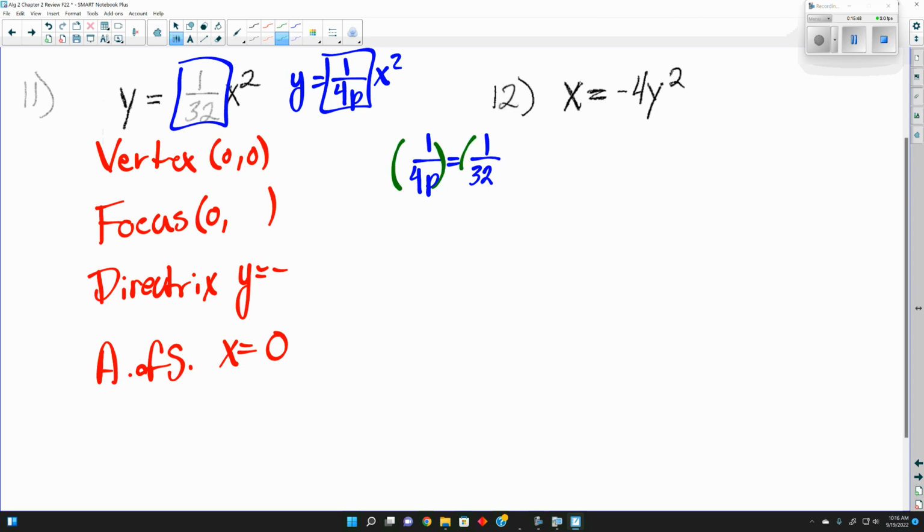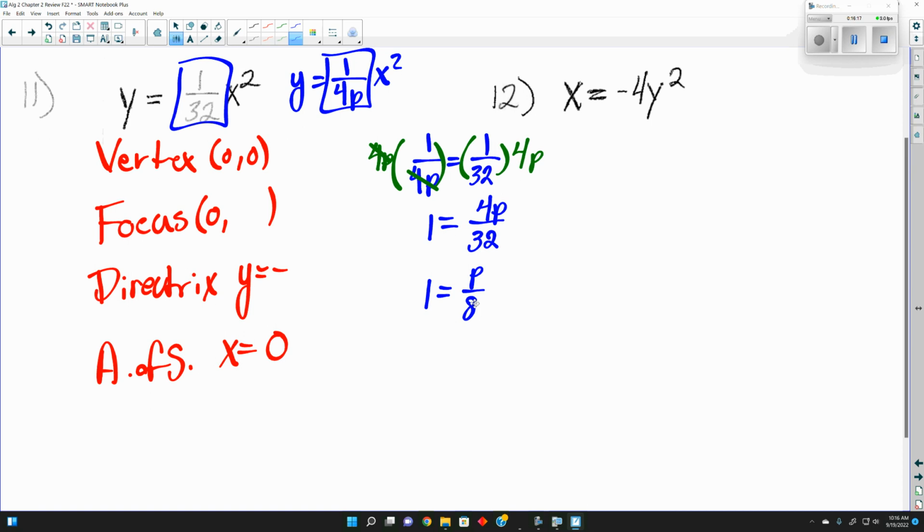And the first main step has always been the same. We're going to multiply both sides by 4p because those will cancel. And really give us that 1 is equal to 4p over 32. Now you could have multiplied the 4 times 1 over 32 in the calculator, let it simplify it for you, and it'll just tell you that it's p over 8.